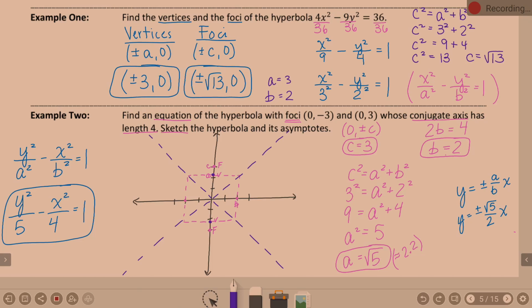That's going to be your vertex there. The asymptotes help us determine how wide it is. So the idea is that my hyperbola runs out alongside those asymptotes, same on top as on bottom. Because sometimes our hyperbolas might be really skinny, sometimes they might be wider.